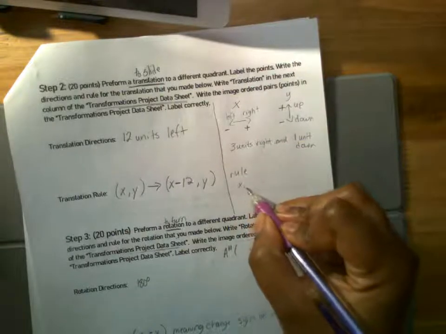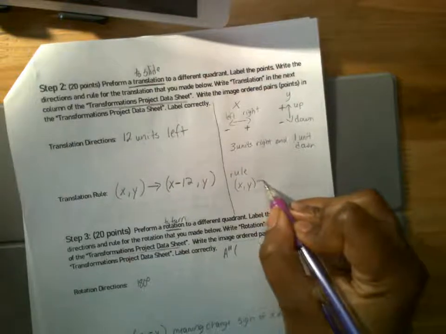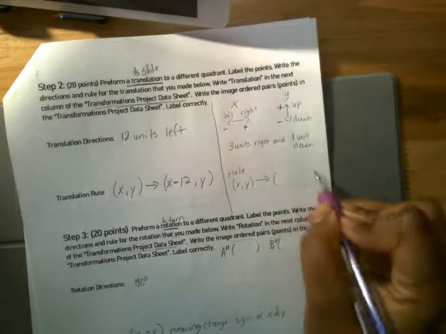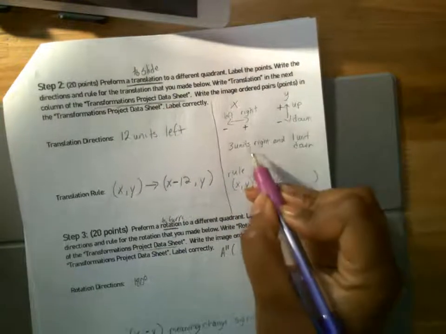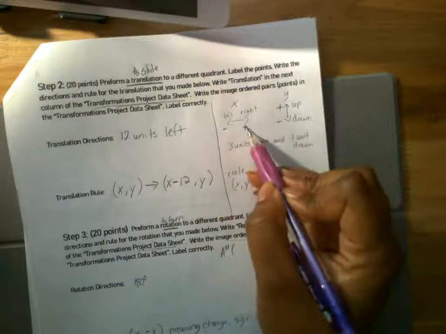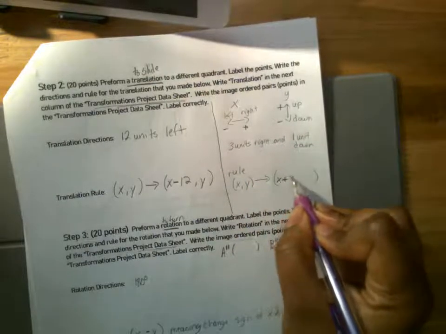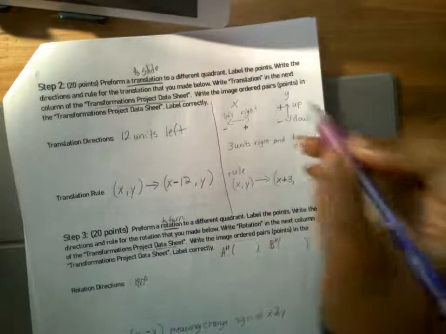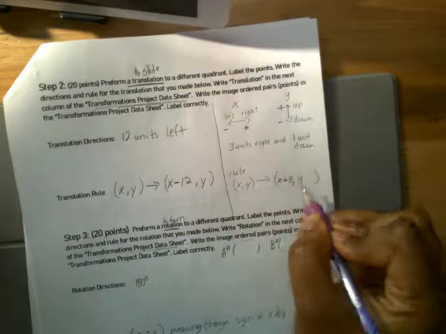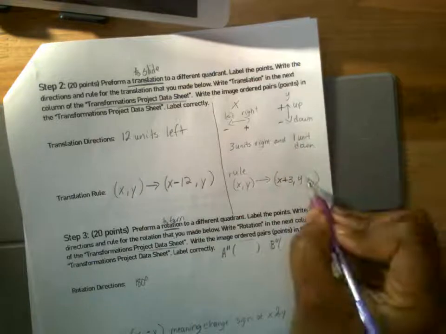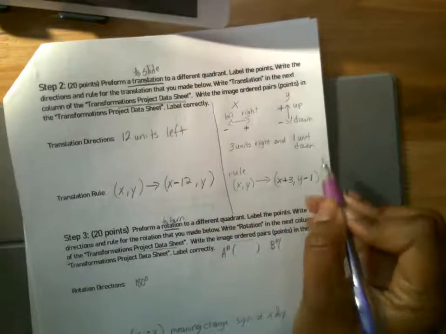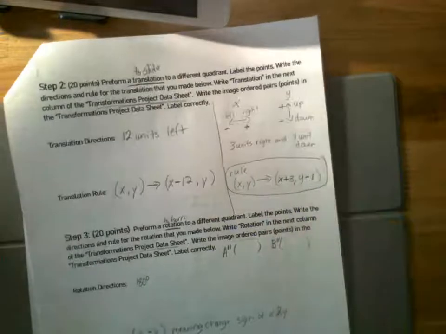You have (x, y) in parentheses, your arrow over, and since it's right, that's X, so I'm going to put X right here, and it says to the right, that's adding. How many times to the right? It's 3, so we're adding 3. Up, down is Y. Y always goes second anyway. But Y says 1 unit down. Down is minus. So I'm going to put -1. This is my rule. Questions about that?